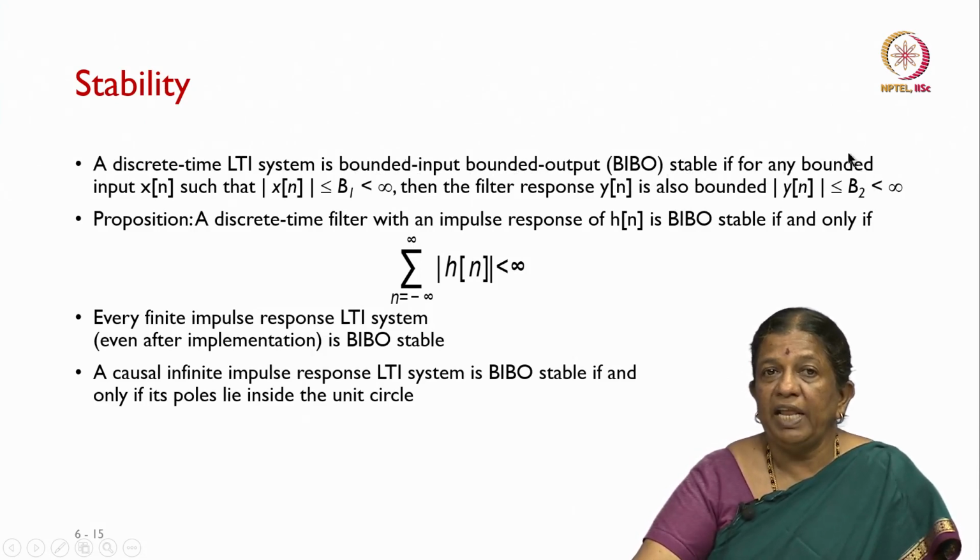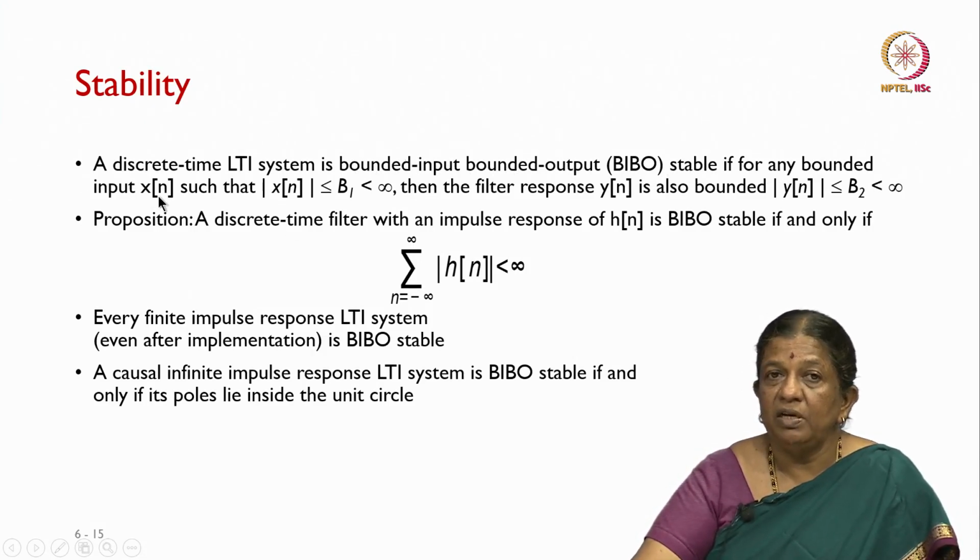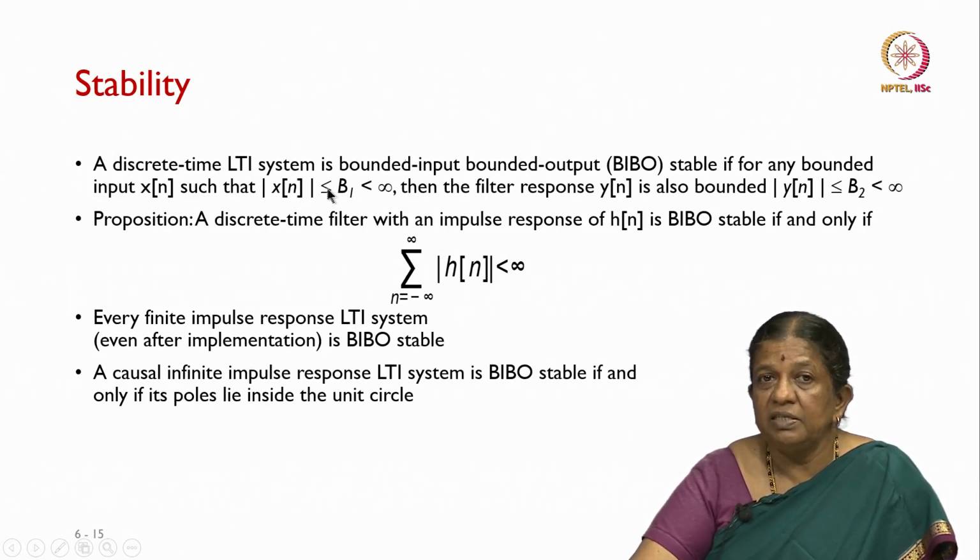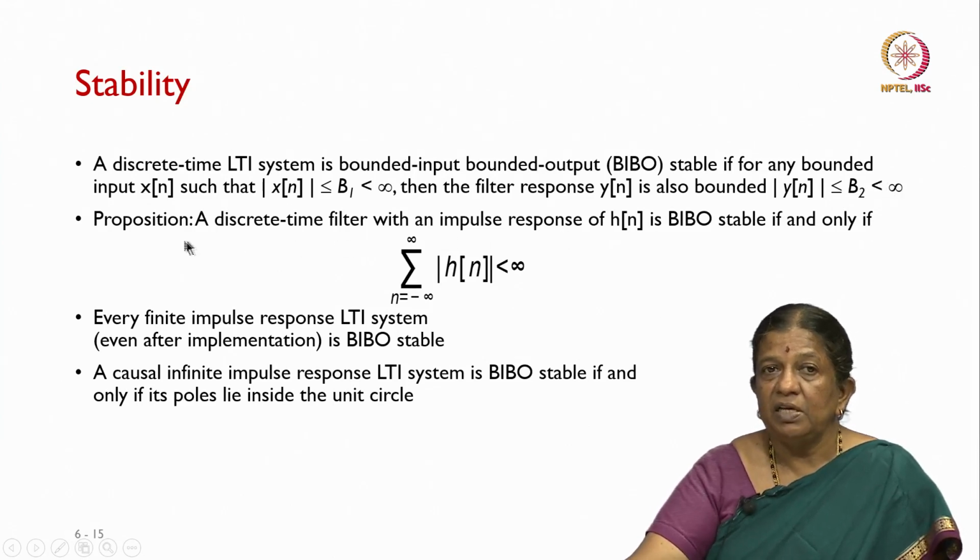So, for any bounded input x of n such that the magnitude of x of n is less than or equal to some bound value B1 which is less than infinity, then the filter response y of n is also bounded, what we claim, that is whatever B2 it should be less than infinity. So, coming to the FIR filter, that is h of n what we have.